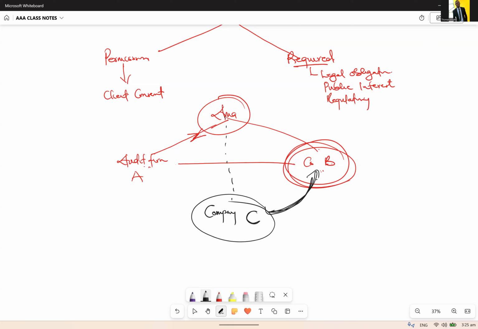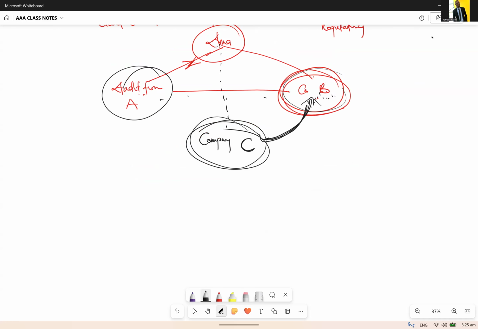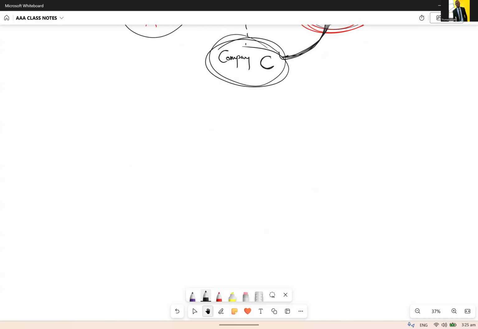Because she was in this audit firm that audited company B, they know she has some knowledge there, and so they want to employ her. When it happens like that, Amma is having an ethical issue of confidentiality. The ethical dilemma is: should she provide the information she has on company B to company C? That is where the issue is. All right. So when you see such a scenario in a question, that is about confidentiality.